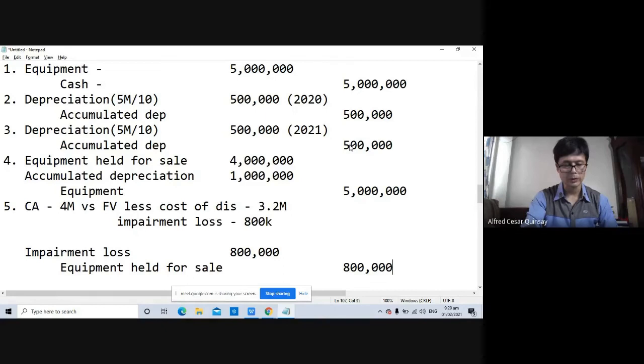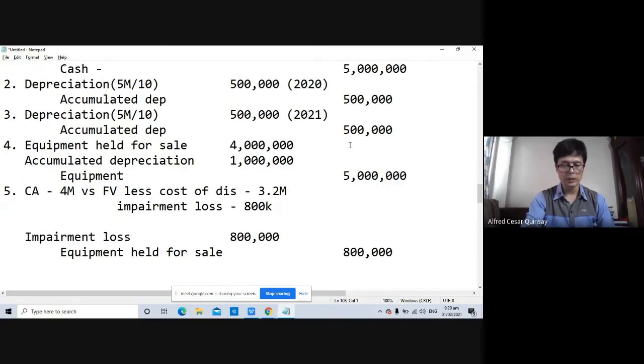Now, pagdating raw nung December 31, 2022, after 1 year, tumaas raw. So on December 31, 2022, after 1 year, the fair value less cost of disposal of the equipment is 3.6 million. Okay, so anong nangyari? Ano ibig sabihin nun? So nagkaroon siya ng gain, no?